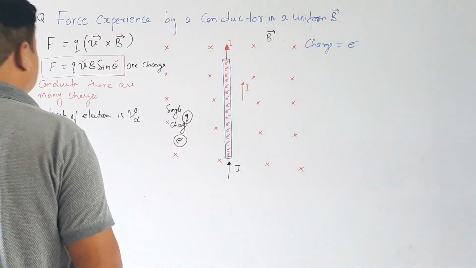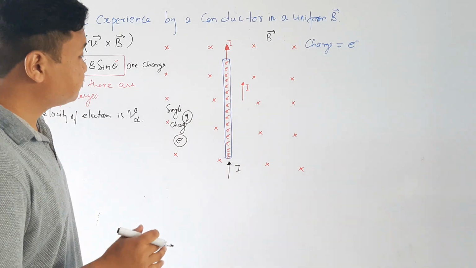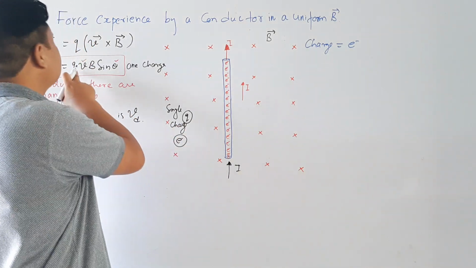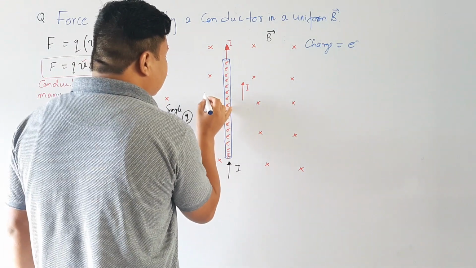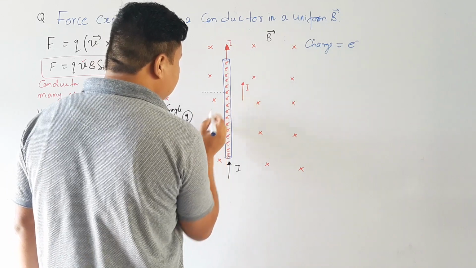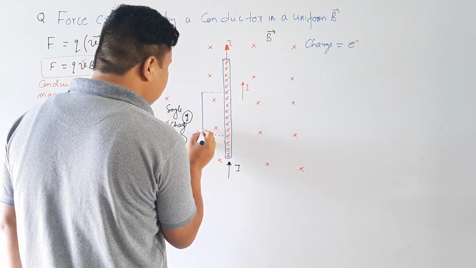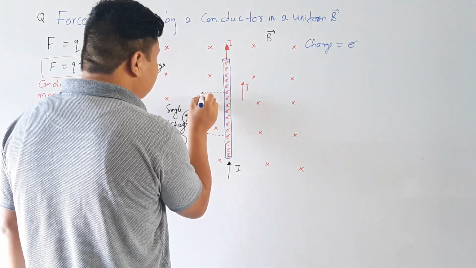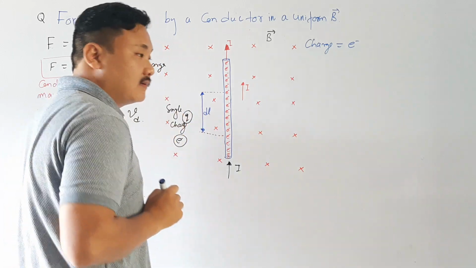Now we got the drift velocity. Now how much is the charge? Let me find. Let me consider a small length. So this is my small length, and I will call this dl.